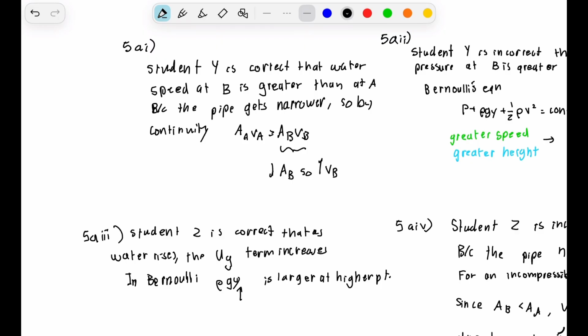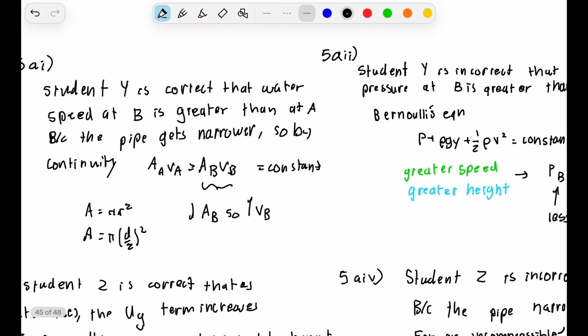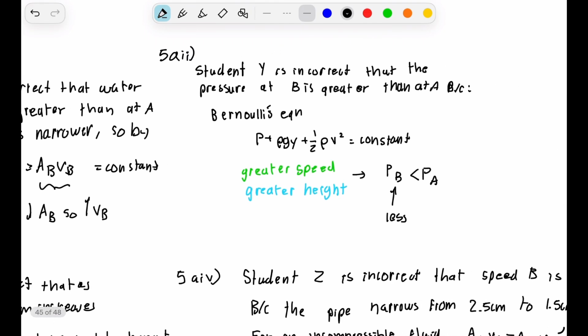We know our diameter decreases, which means the area decreases, area being pi r squared, and r being equal to d over 2. So that d will decrease, and then the whole area will decrease. If area decreases and we want continuity, where this product is constant, not changing, because it's a closed system and we have a non-viscous fluid flowing through the pipes, then velocity B has to increase in order to multiply to the same product.